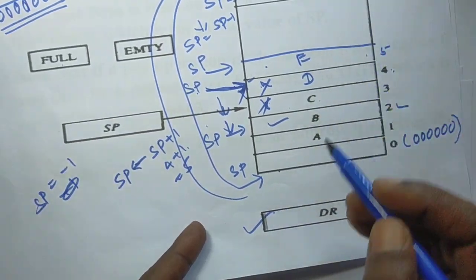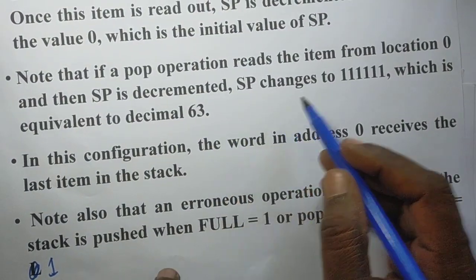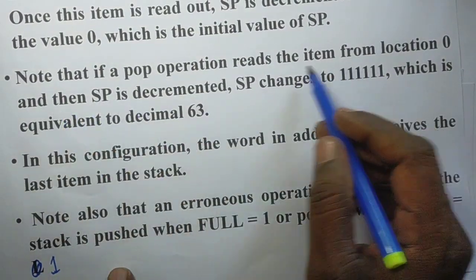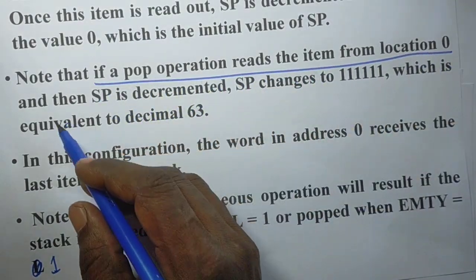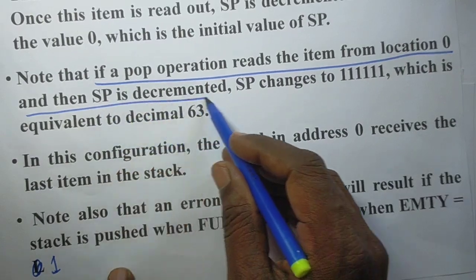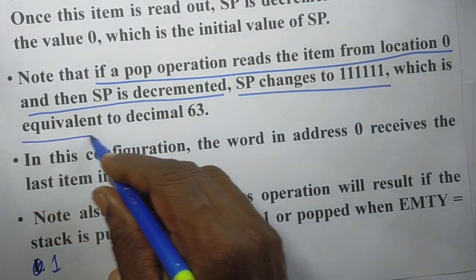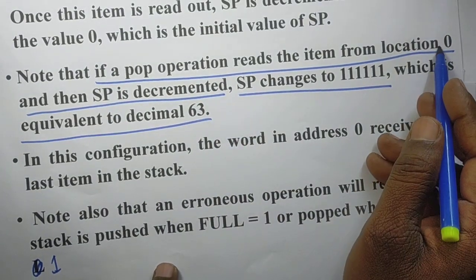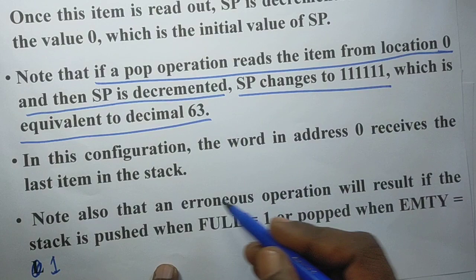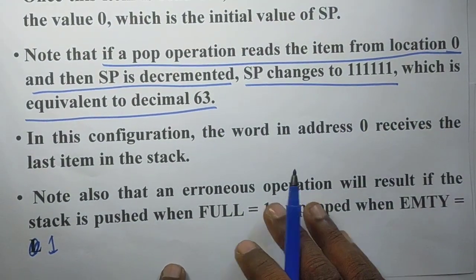From this decreasing point of view, we can go through that. If a pop operation reads an item from location 0, and then SP is decremented, SP changes to this one, which is equivalent to 63. Because initially SP position is 0 here, and if you decrease, automatically its position will be 63. This is the basic concept.